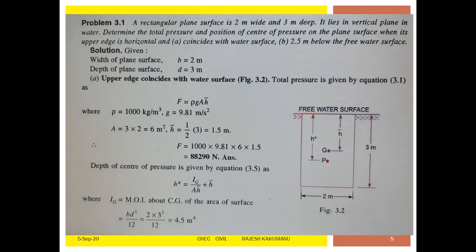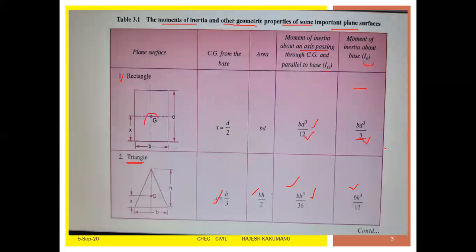In the rectangular object, you have the pressure at the point, and the center of gravity G. From the center of gravity upwards you have the height h bar and h naught for the P. The same formulas you have to apply for this rectangle.